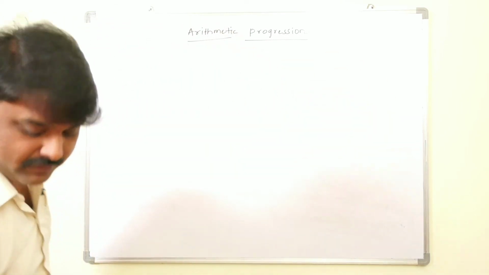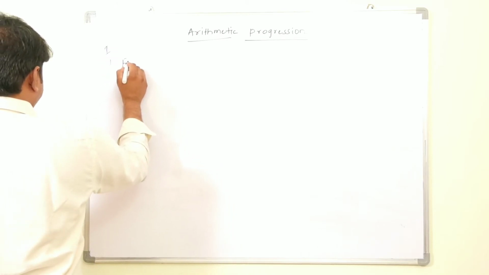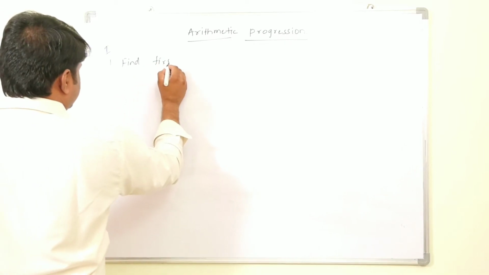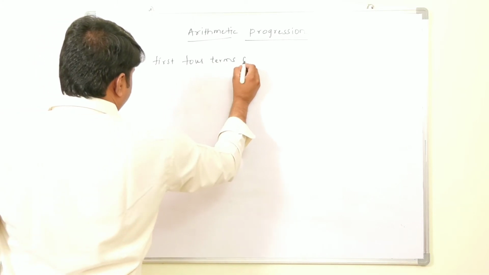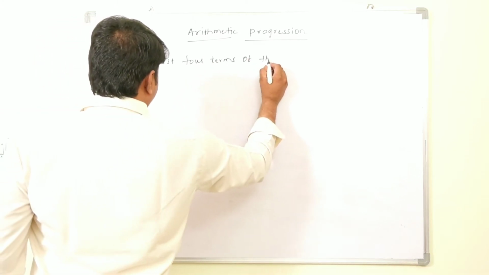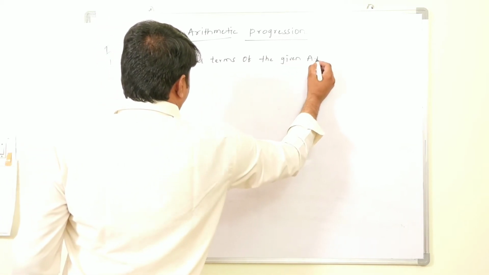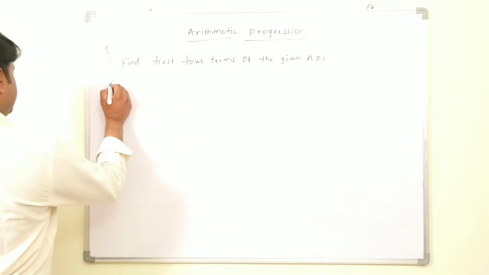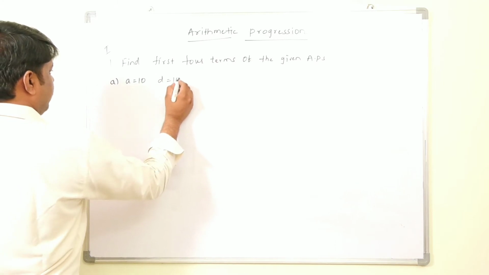The first question I am giving here is: find the first four terms of the following arithmetic progressions. Let us see. The first one, let us take A as 10 and D is also given as 10.